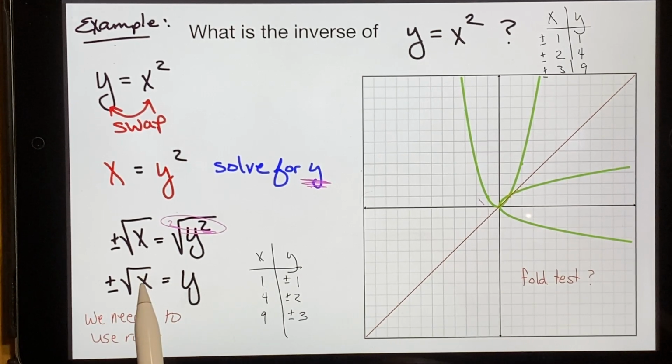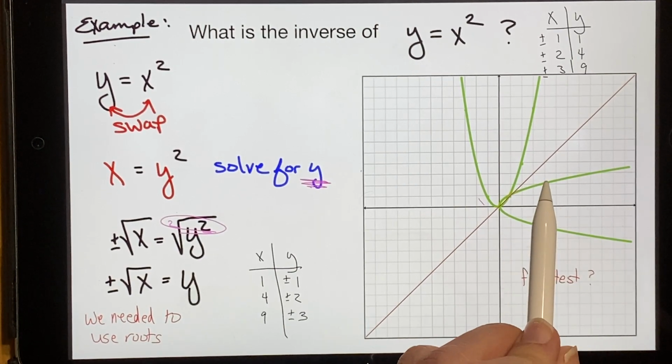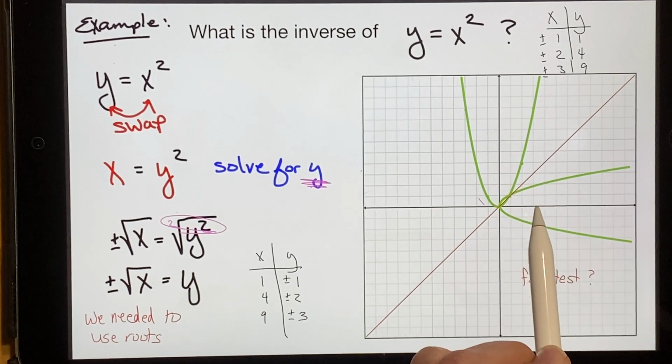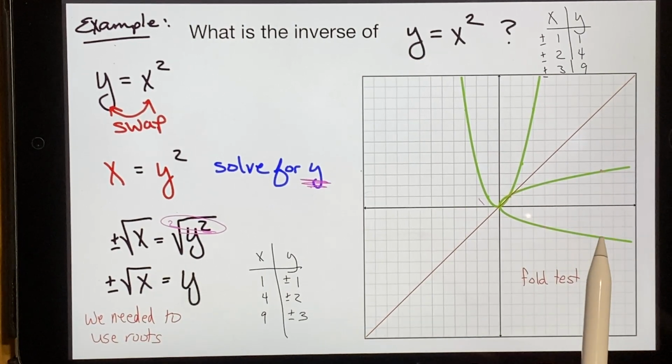When x equals 4, my y is now equal to plus or minus 2. When x equals 9, my y is now plus or minus 3. So as I graph these points, when I have 1, I have 1, plus and minus. When I have 4, 1, 2, 3, 4, I've got plus or minus 2. When I have 9, 5, 6, 7, 8, 9, I've got plus or minus 3. And we can make that graph.